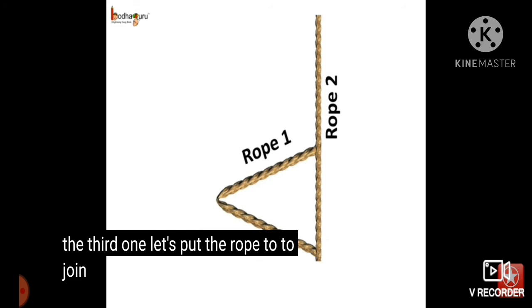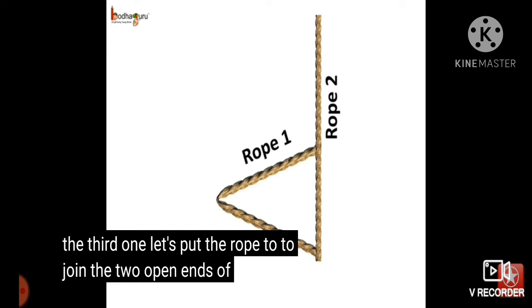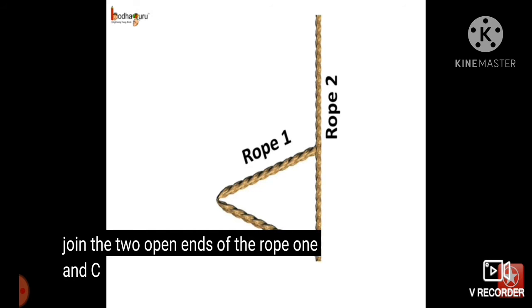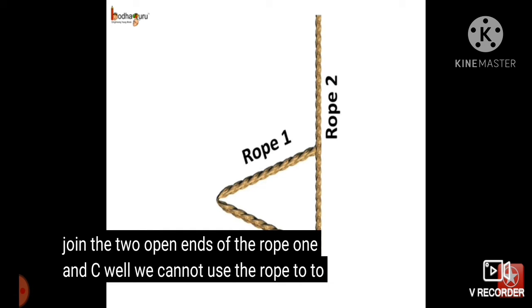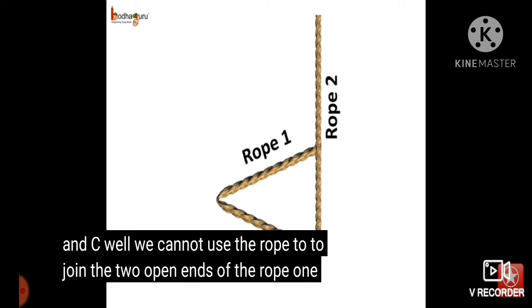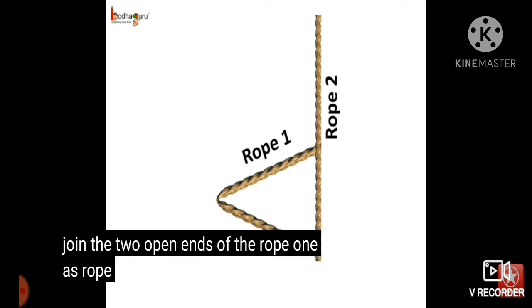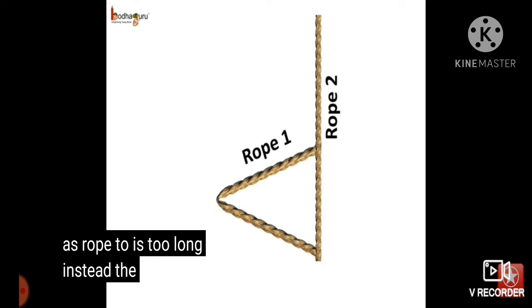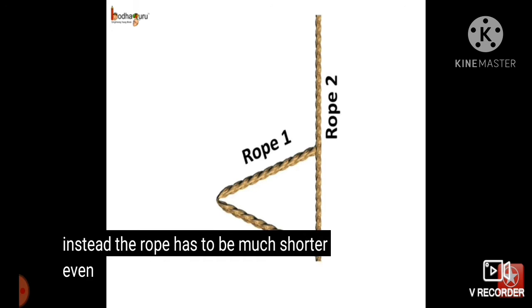Let's put rope 2 to join the two open ends of rope 1. We see we cannot, as rope 2 is too long. Instead, the rope has to be much shorter, even shorter than rope 1.